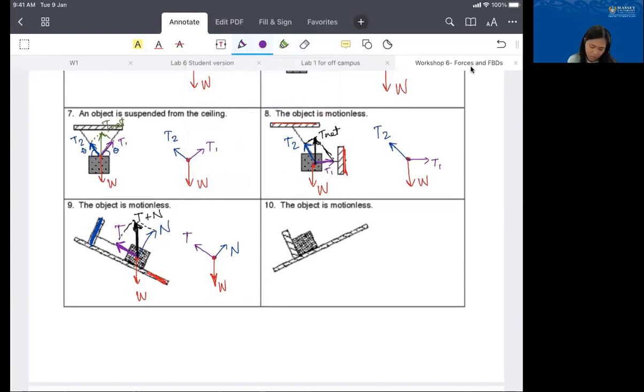Yeah, but roughly the parallelogram rule of normal and tension should have this net force that's vertically upwards. So maybe I need to make my tension force a little bit shorter.